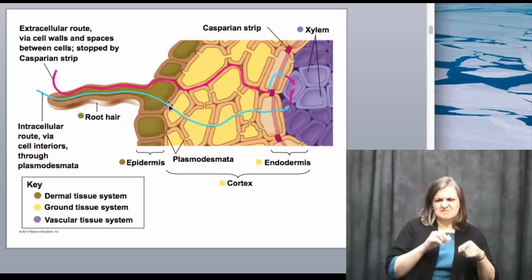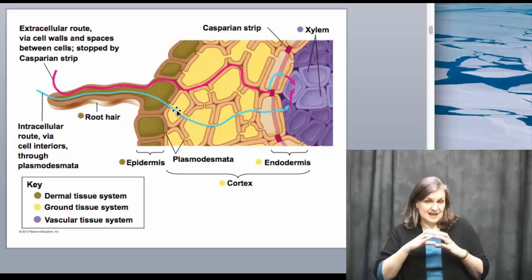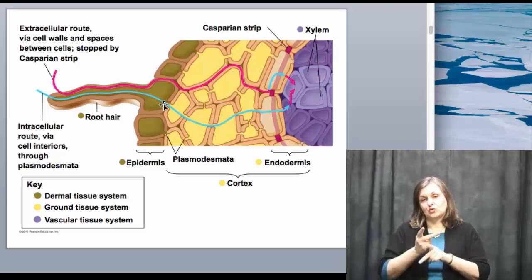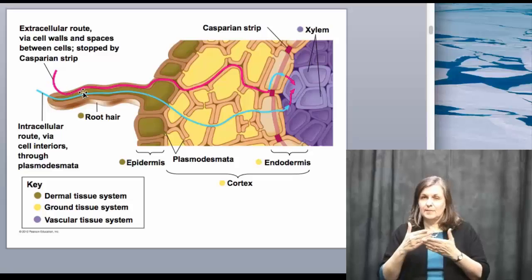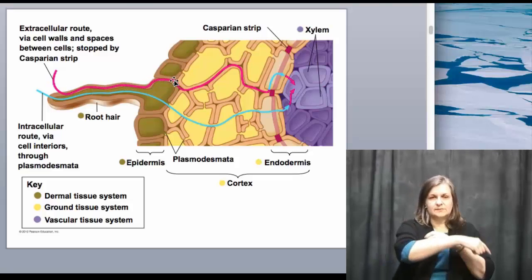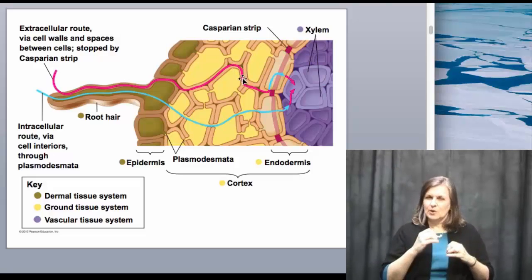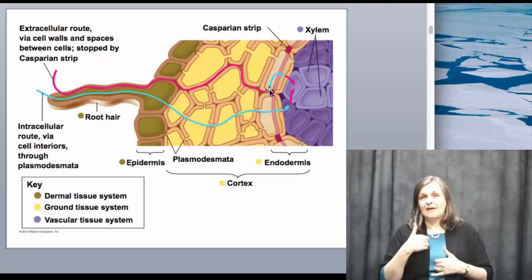If the cell did not need a particular nutrient, it would not pass into this very first cell. It also helps to protect from waste products that might be entering the plant. This extracellular route seems to have no protection. It's just kind of running along between cells, sort of going unnoticed. But it will be regulated once it comes into this endoderm layer.